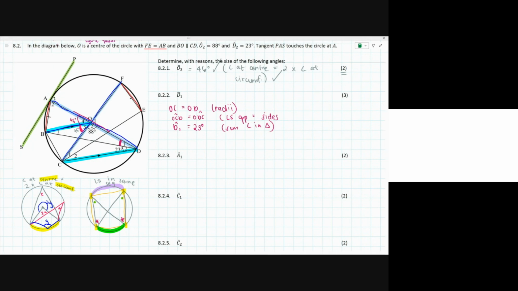And then using this whole logic that we've just said, you've got a common chord AB. It creates an angle at the center. And the same chord AB also creates an angle at the circumference at D1. And so you know it's 23 degrees. You could have used angles at center equals 2 times angle at circumference. Like I say, I did not see that, but you absolutely could have used it as well. So you would have done angles on a straight line, got O4, and then used angle at center.